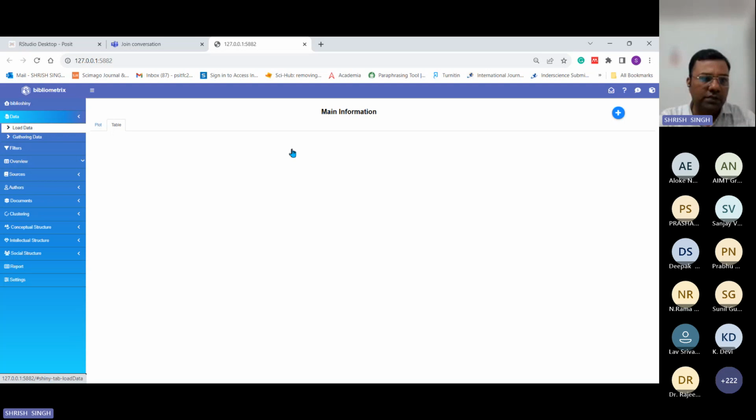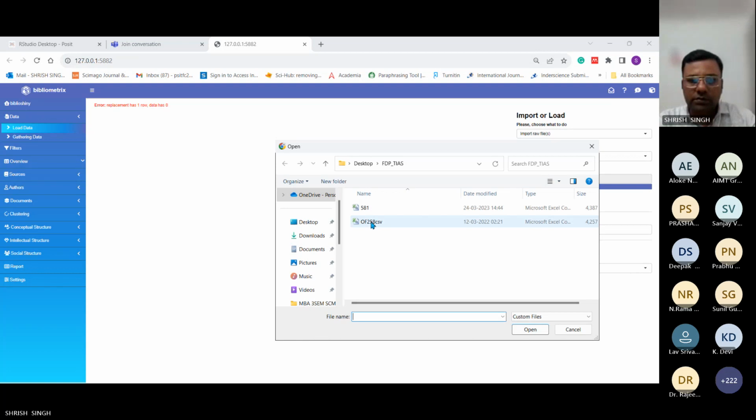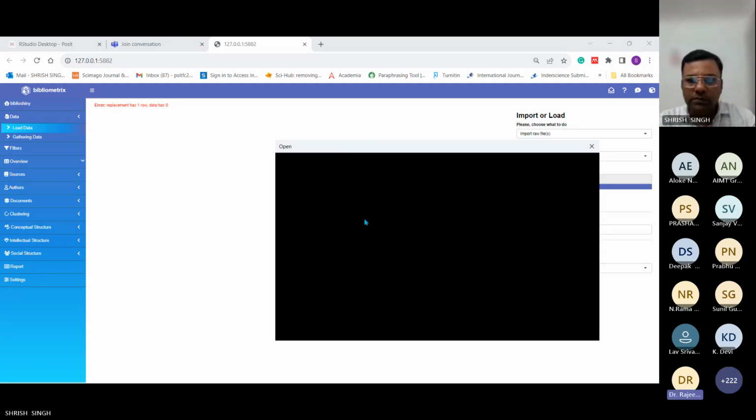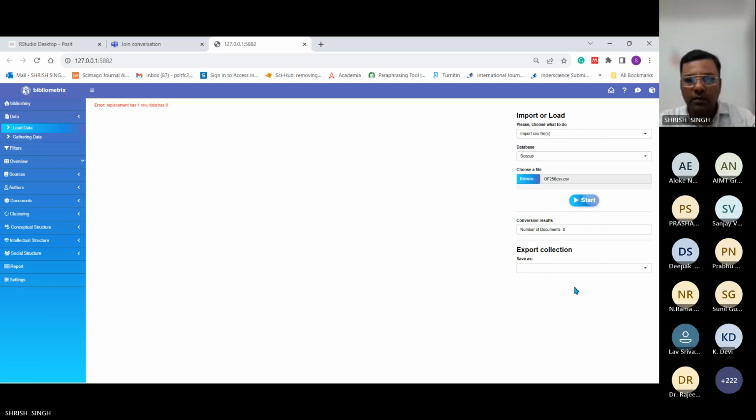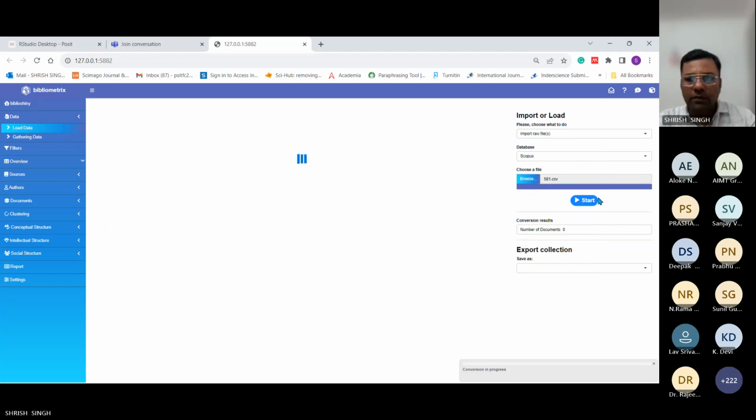So I'm going to once again load data, import raw files, Scopus. Placement has one raw data. Okay, just let me check with another data.